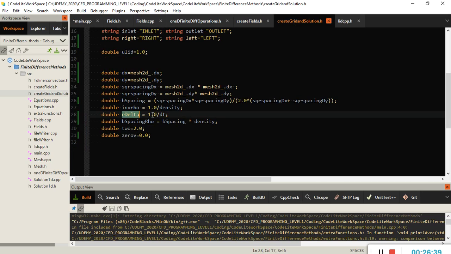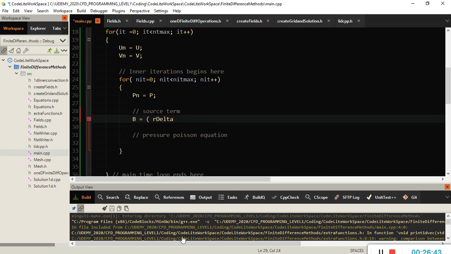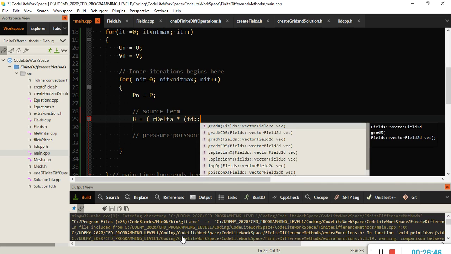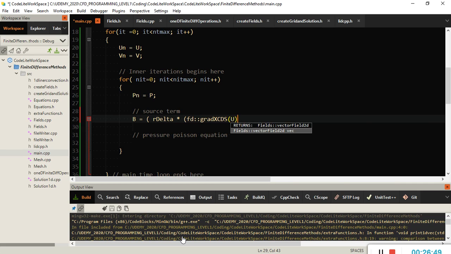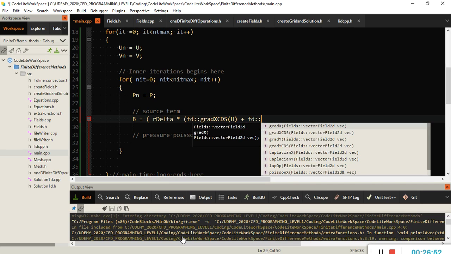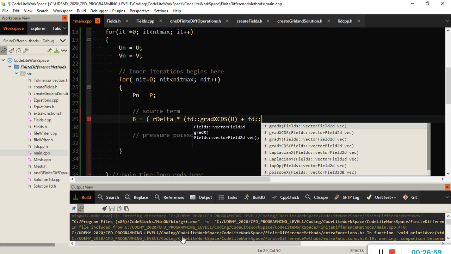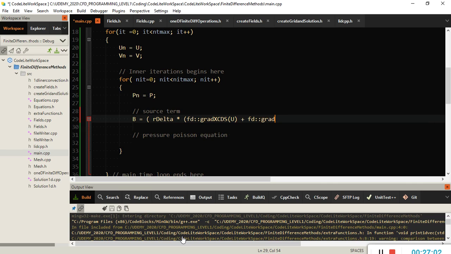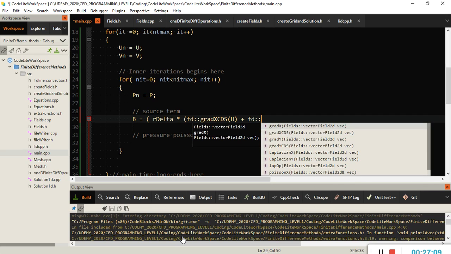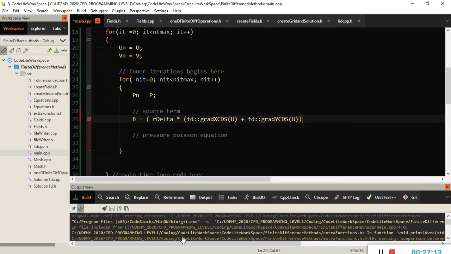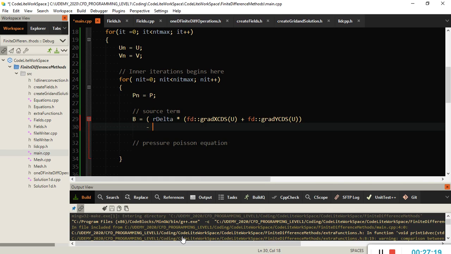So R delta is 1 over delta T multiplied by FD grad X CDS of U plus FD grad Y CDS of V. So grad Y CDS of V. Okay, so that's the first part, minus, let's put this in a bracket, FD grad X CDS of U.